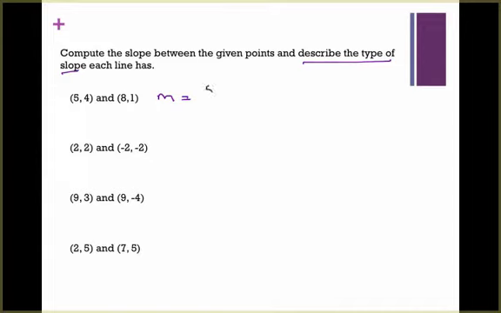So if we do 4 minus 1 in the top, since that's my 2 y numbers, then in the bottom, I've got to do 5 minus 8. Well, we know that 4 minus 1 is 3. 5 minus 8 is negative 3, but that would simplify to negative 1. Now, our slope is a negative number, which we know means that this has to be a decreasing line.